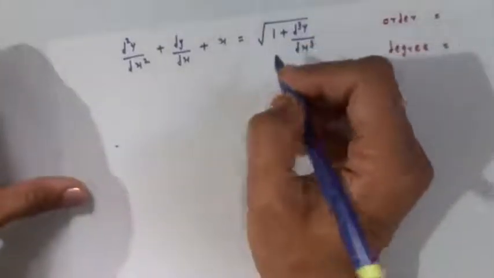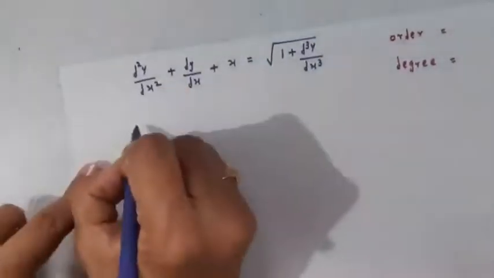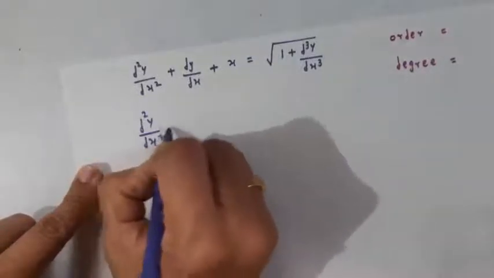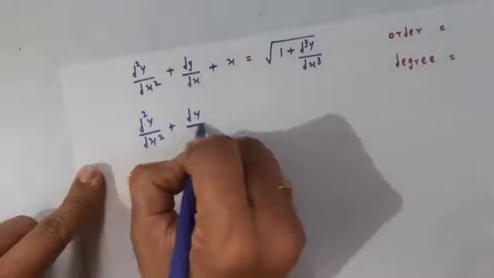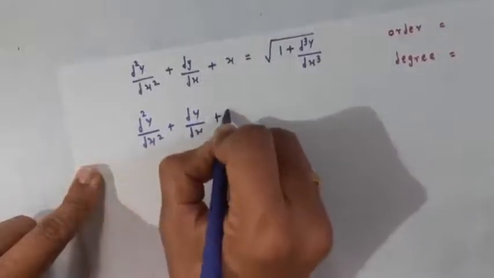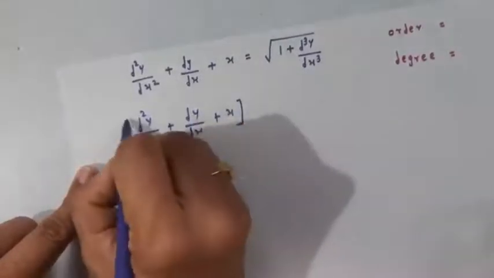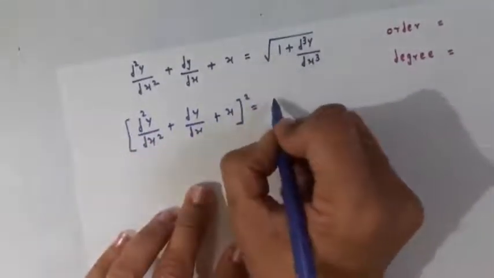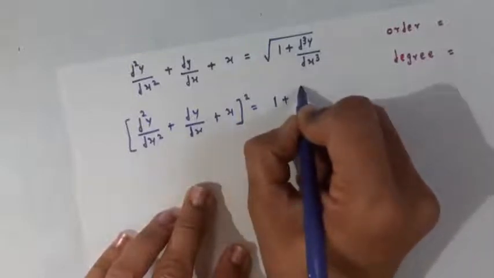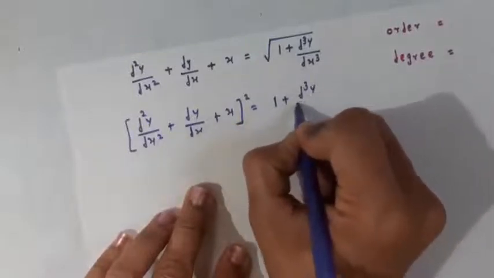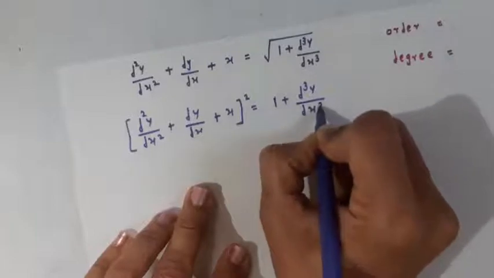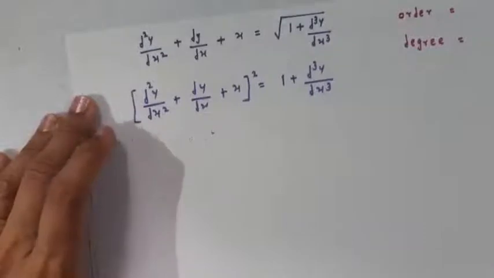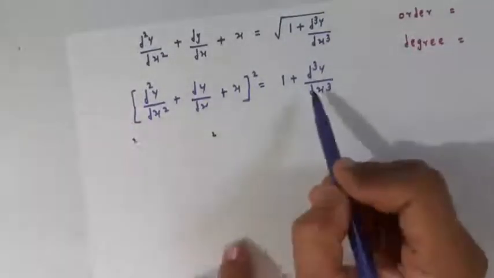Squaring on both sides, we get d2y upon dx square plus dy by dx plus x, whole square, equal to 1 plus d raised to 3y upon dx cube, since the square root and square get cancelled. Now this is the proper differential equation.